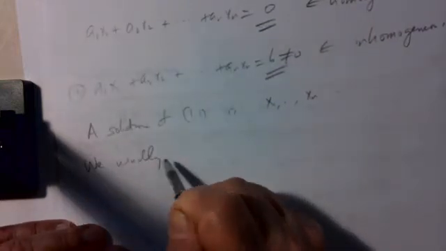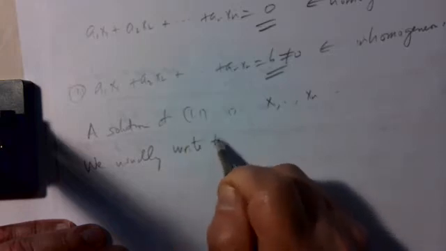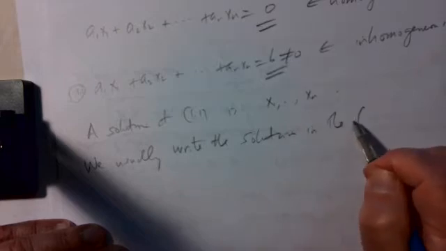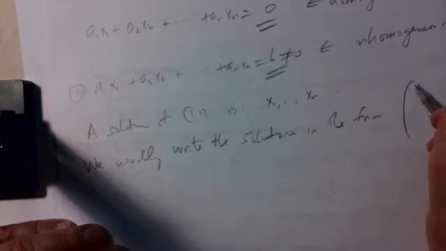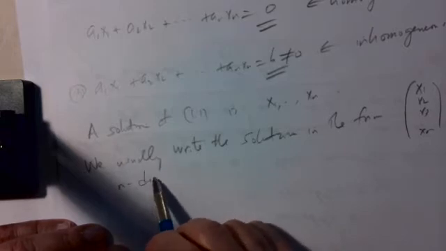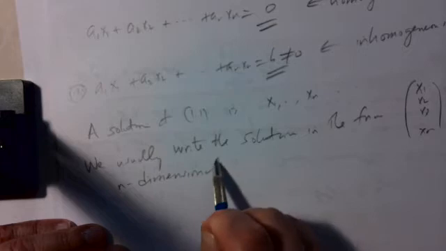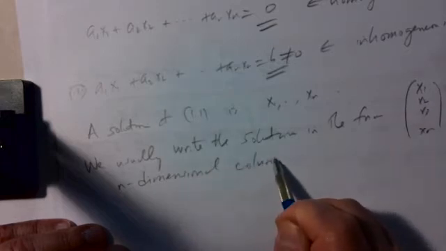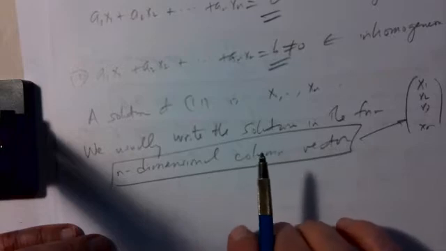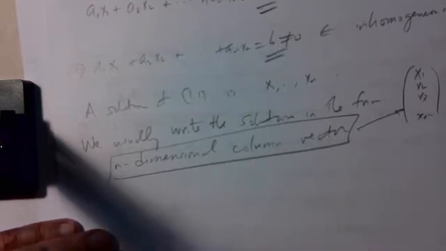And we usually write the solution as a vertical sequence of numbers, x1, x2, x3, down to xn. And this is called a vector, or sometimes an n-dimensional column vector, because there are n numbers.